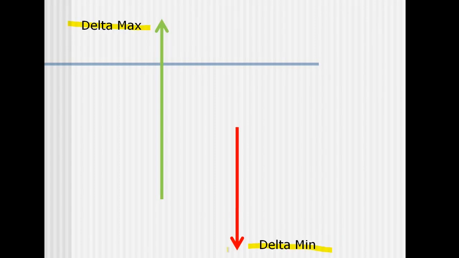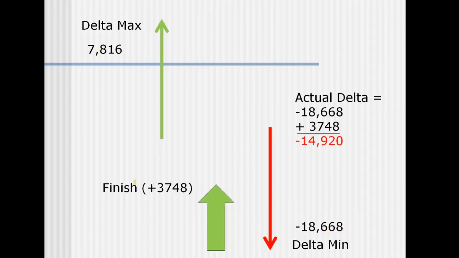So we have those two parameters for any session, and they give us two extremes, a delta min and a delta max. For Friday, this was the case. My delta max was a positive 7816, and my delta min was minus 18668. Now, the third number is the one I like the most, and I'll tell you why, and that is my delta finish.